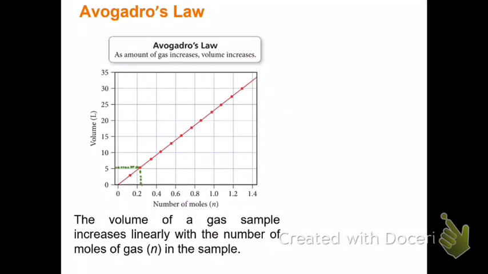If you double the number of moles, from 0.25 to about 0.5, then you would expect the volume to double as well, from 5 liters to 10 liters. So the volume of a gas sample increases linearly with the number of moles in the sample.